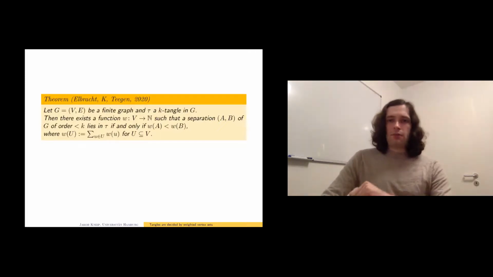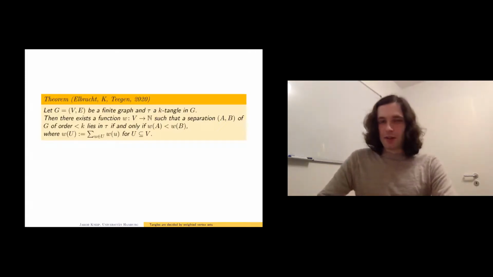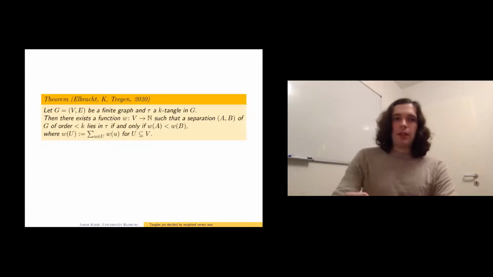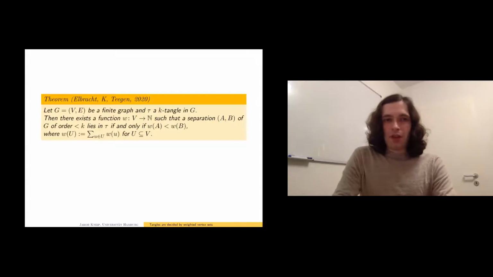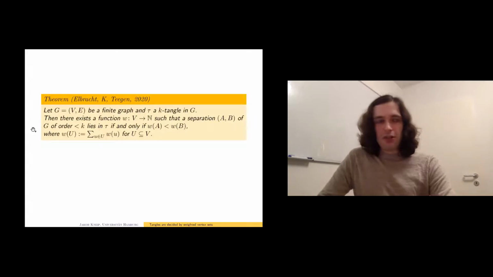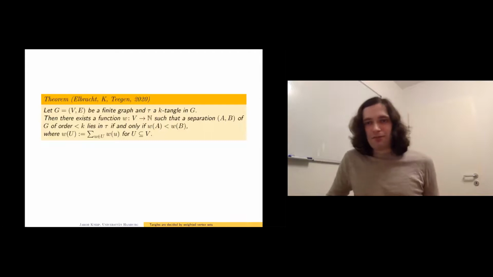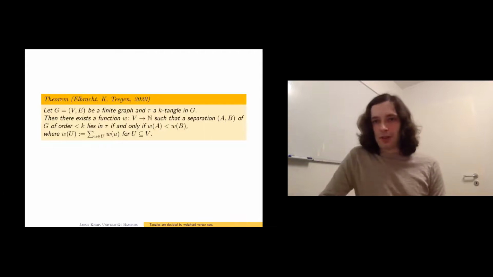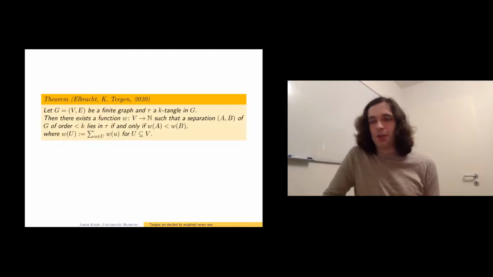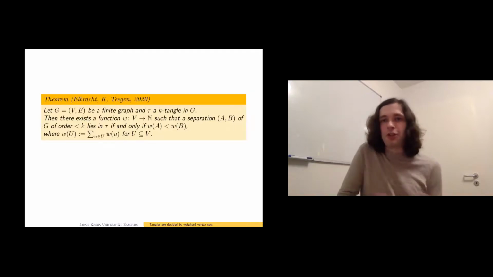Now, there are two possible ways of extending this result. The first of these is that we can think about the edges of our graph G. So far, the edges of G didn't really feature in any of the arguments that we were doing. So the separations we use have vertex separators. And the only time that we had any edges appear in any of the definitions was in the definition of the separation themselves, just so we have no edge from the left side of the separation to the right side.